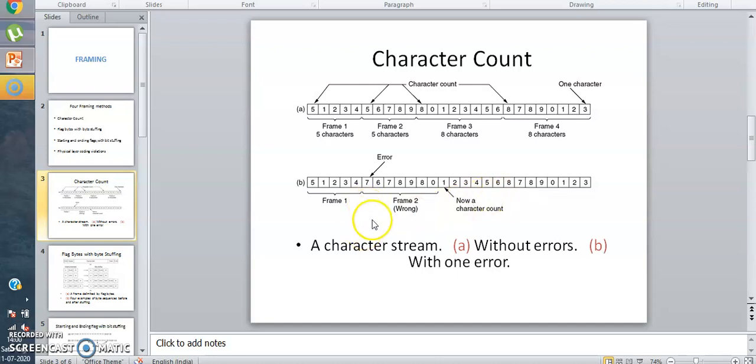Here, the destination will get out of synchronization and will be unable to locate the start of the next frame. If frame 1 contains 5 characters, frame 2 should start from there. But the destination will get out of synchronization and be unable to locate the start of the next frame, even if the checksum is incorrect.